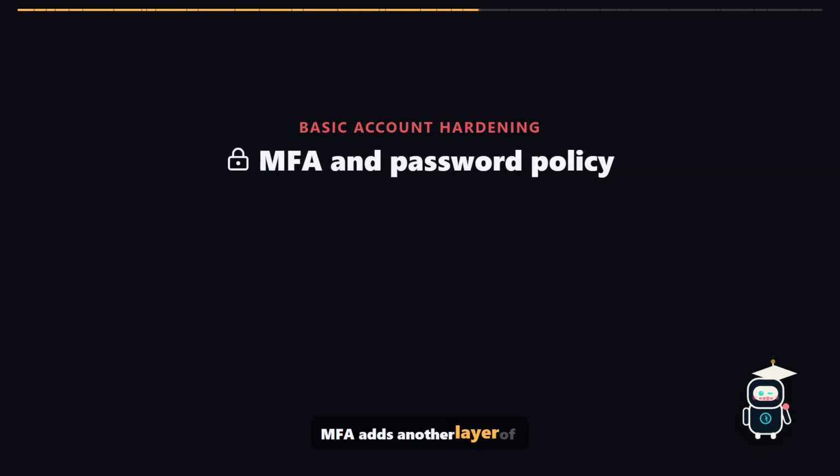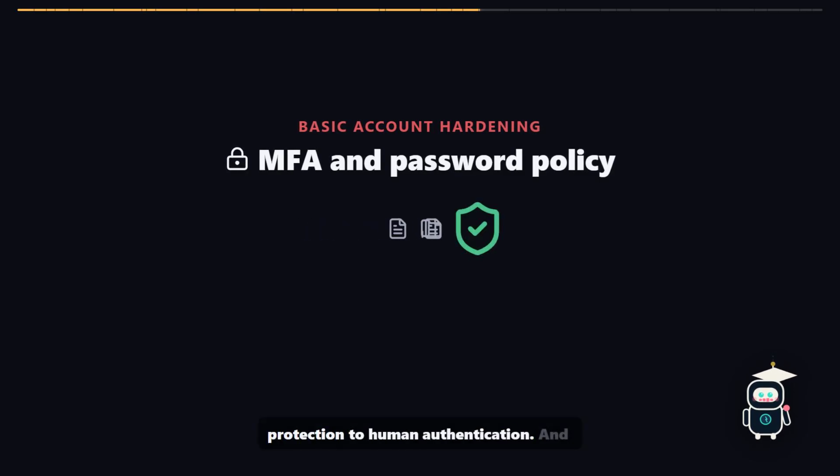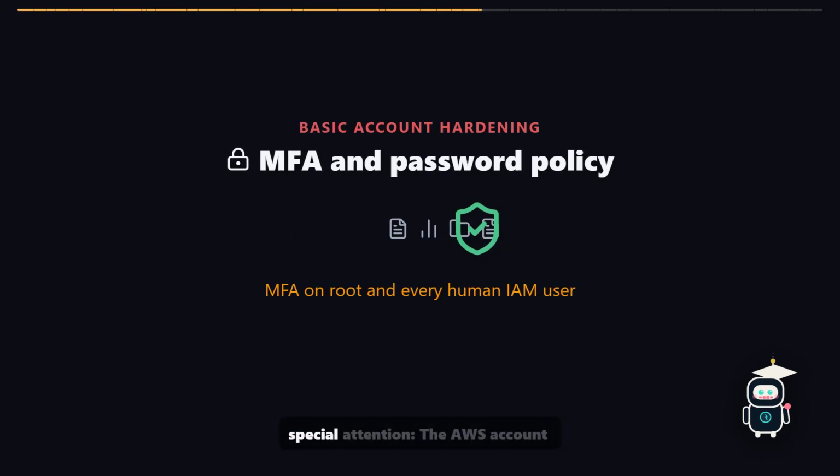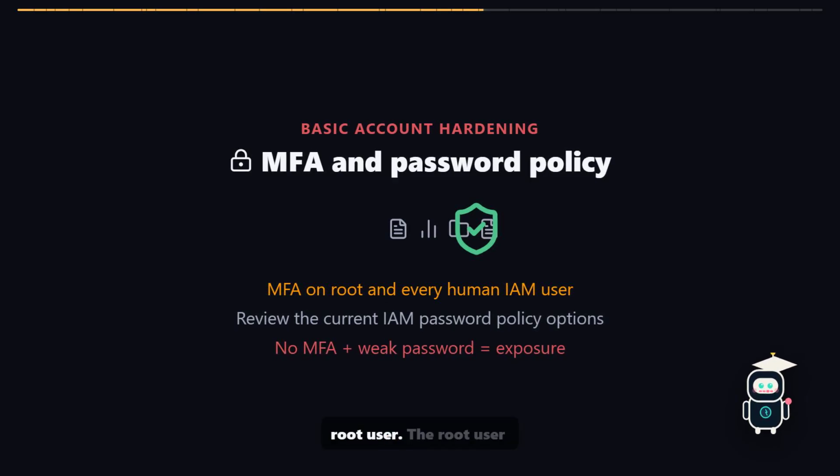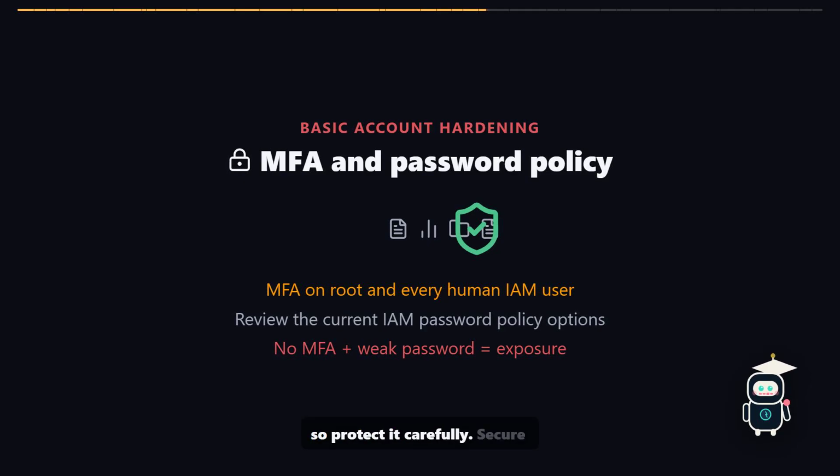MFA adds another layer of protection to human authentication. And there's one identity that deserves special attention: the AWS account root user. The root user has extremely powerful account-level capabilities, so protect it carefully.